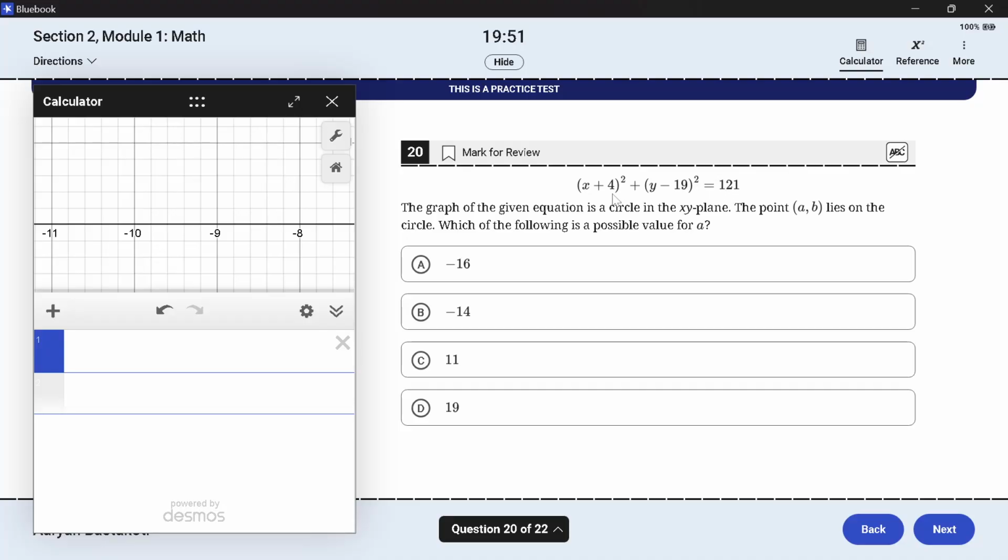We need minus, and h comma k is the center, so since this is plus 4, we need to compare plus 4 with minus h, and if we compare this with minus h it comes out to be minus 4, and h is a in our case, so a is minus 4.